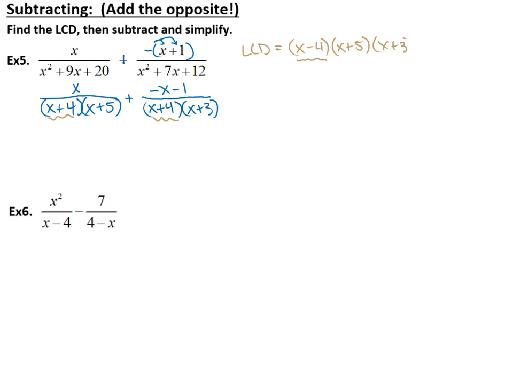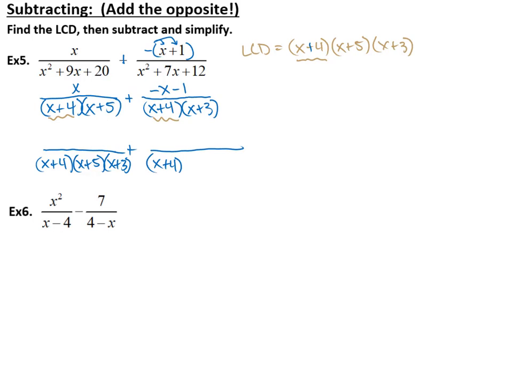So my least possible common denominator needs to have all 3 of those factors. So we're going to have some larger denominators here. We need to have an x minus 4, whoops, I wrote plus 4, apologies there, that should say minus 4, x plus 5, and x plus 3. Okay, this is the denominator we want them both to have.